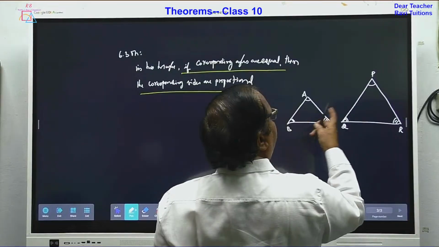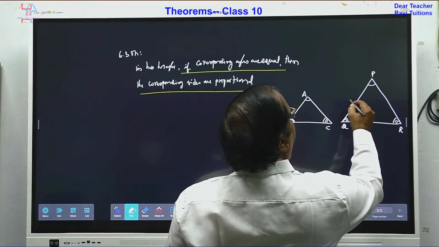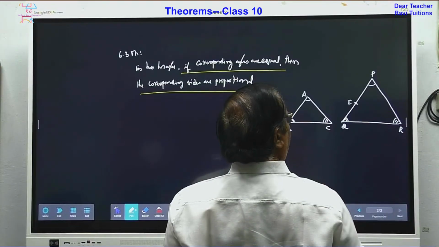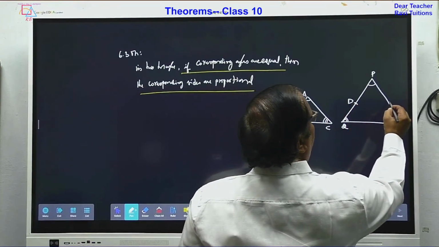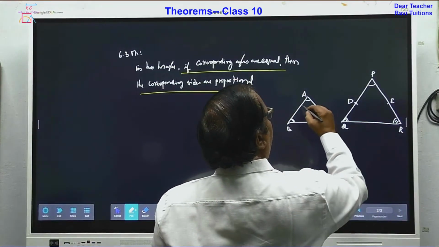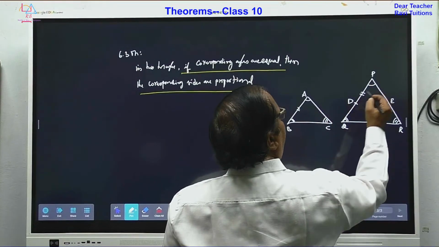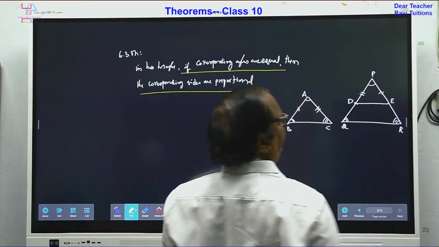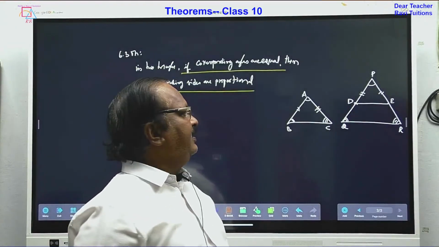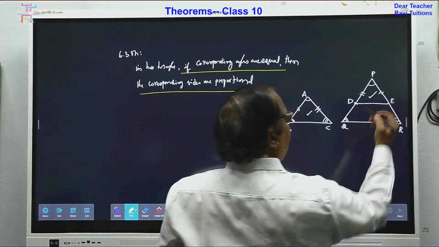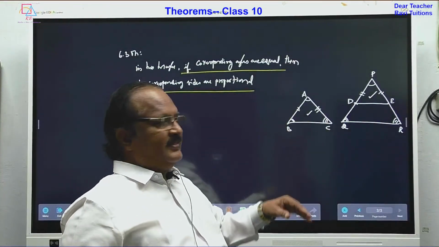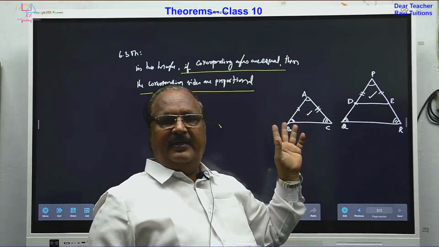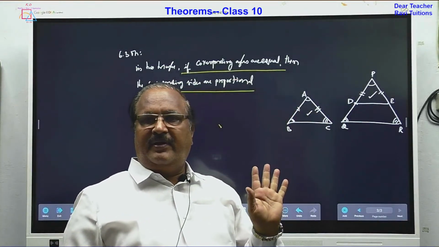Take a point D on PQ and E on PR such that AB is equal to PD and AC is equal to PE. Join DE. Then these two triangles are congruent by SAS, because AB is equal to PD, AC is equal to PE, and angle A is equal to angle P. Therefore, these two triangles are congruent.